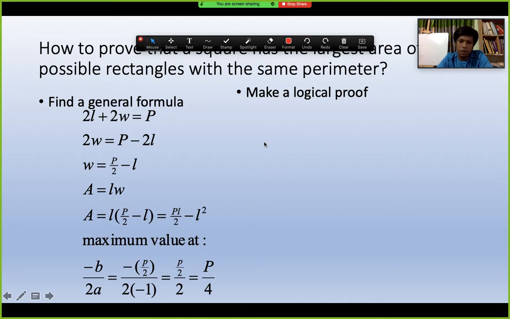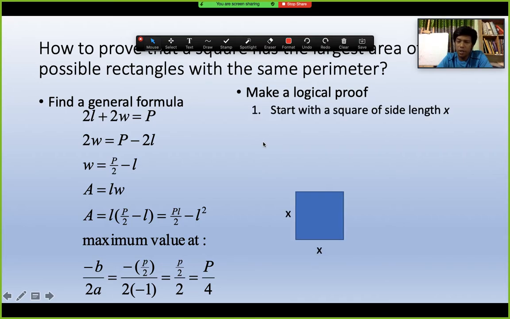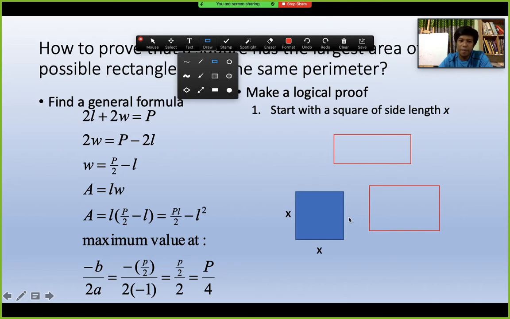So when will the area of a figure be the highest? If you have some figure like this, for the same perimeter, when will the area be the highest?